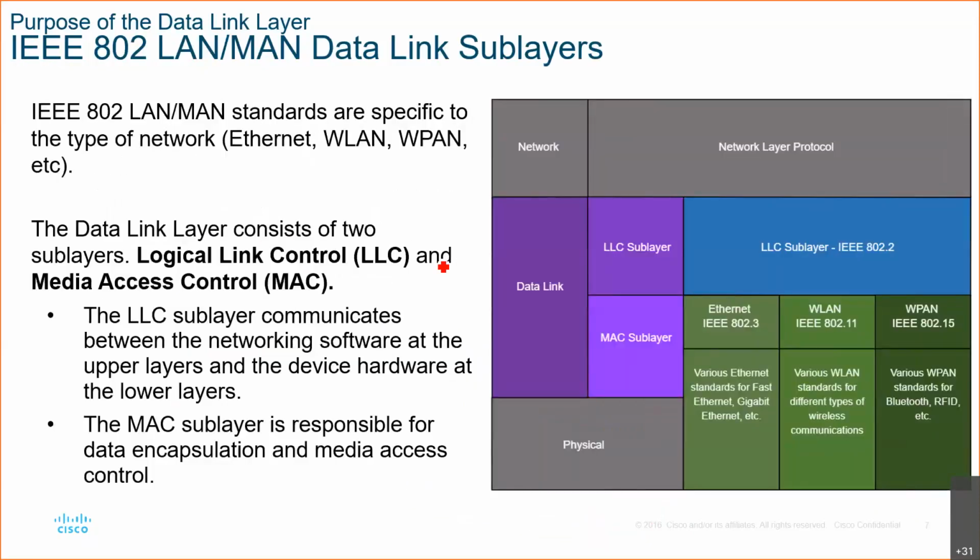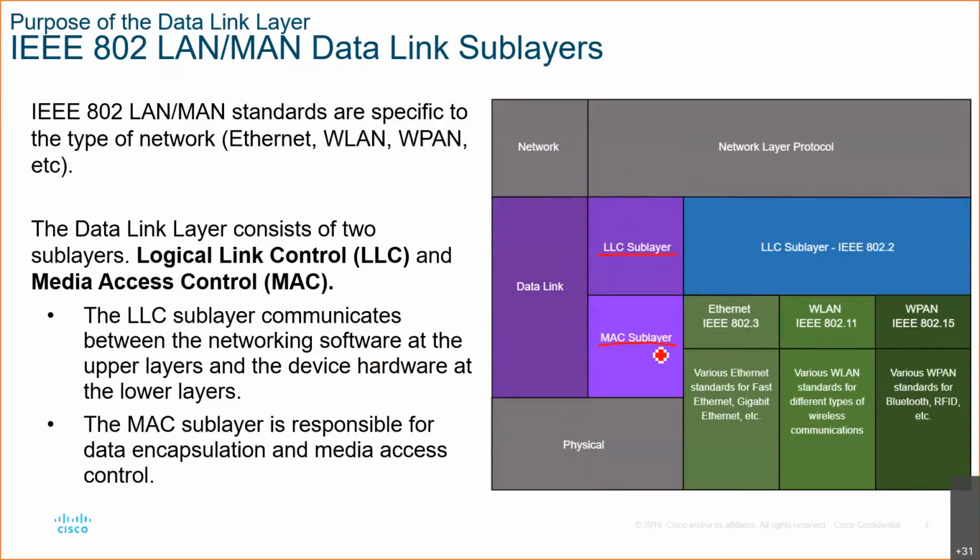If you look at your data link layer, it consists of two main sublayers: the LLC and the MAC. The logical link control is responsible for communicating between the networking software at the network layer and upper layers, and the device hardware at the physical layer, the bottom layer.